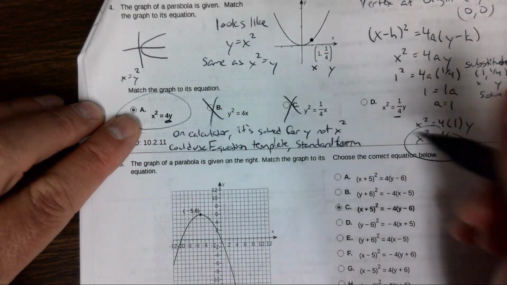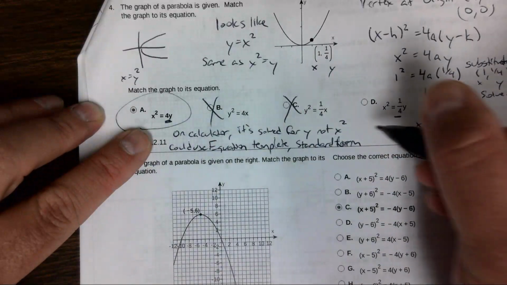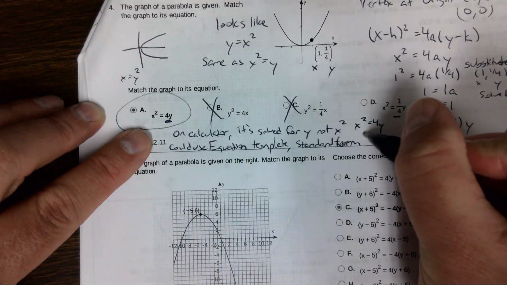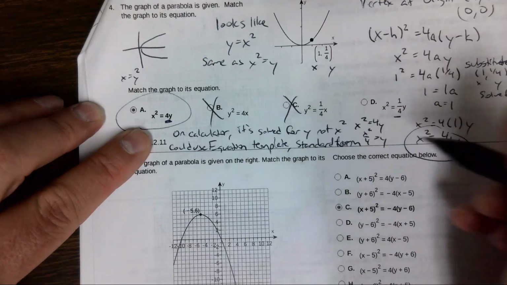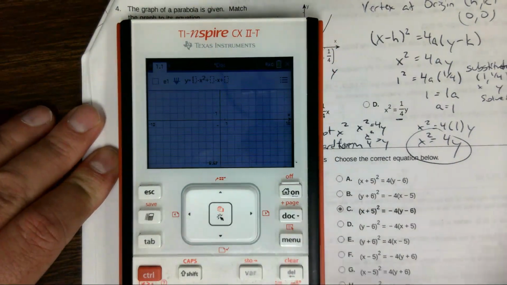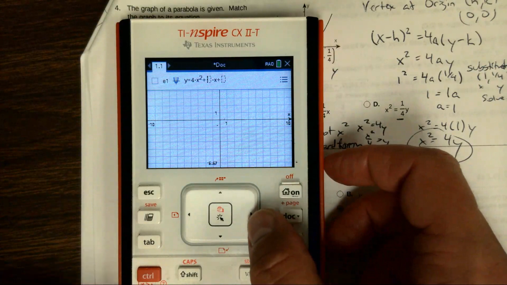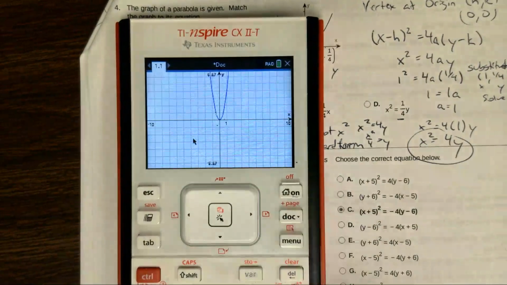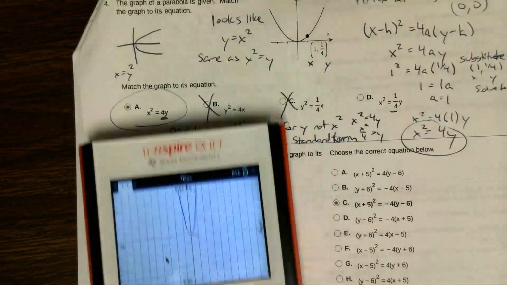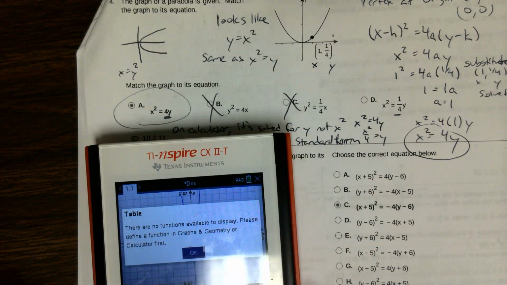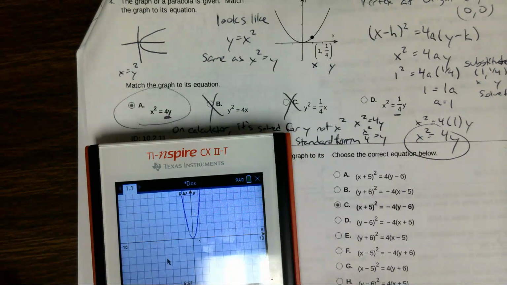Okay, so if we solve for y, we have x squared equal 4y, so x squared over 4 equal y. So you'd put 1/4 here, you'd put 0 here, and 0 here. And so there it is. And if we go to 1, well, it's not letting me get to the table.